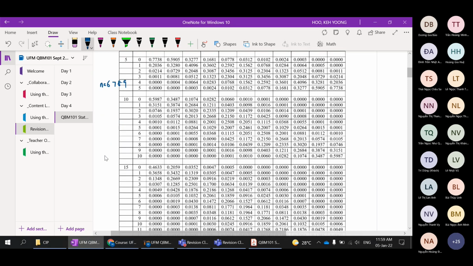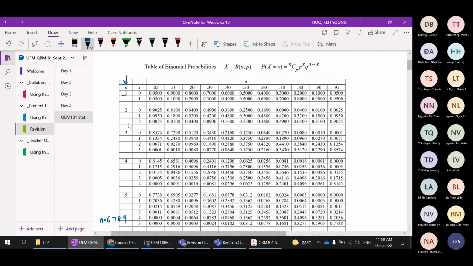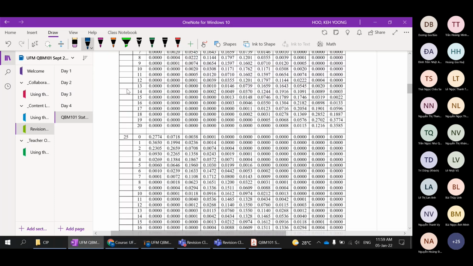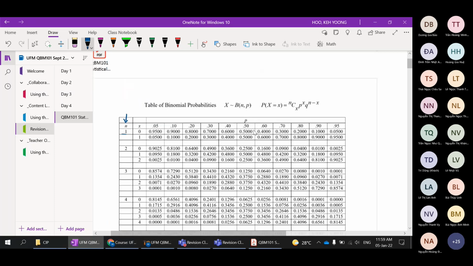Only specific sample sizes, up to 25. Also look at p, the probability of success. If p is 0.05, 0.1, 0.2, then you can refer to this table. If p is 0.15, you cannot; you have to use the formulas to calculate.